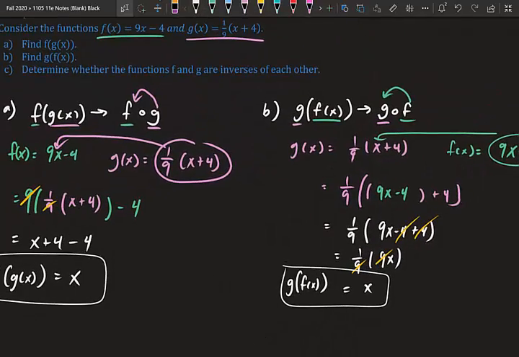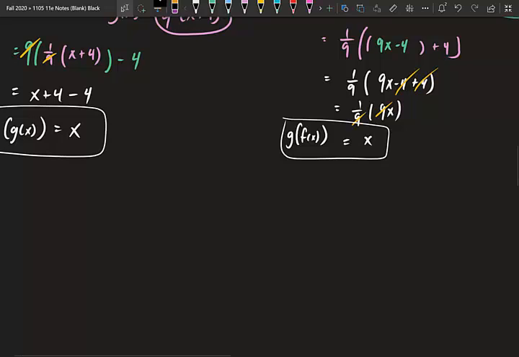Determine whether the functions f and g are inverses of each other. They are inverses. I'll tell you why.